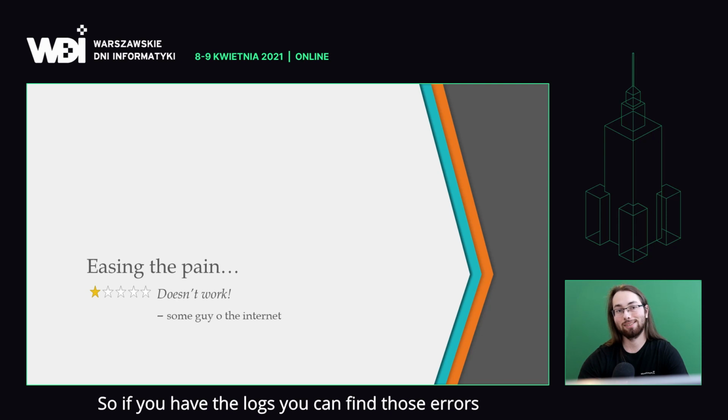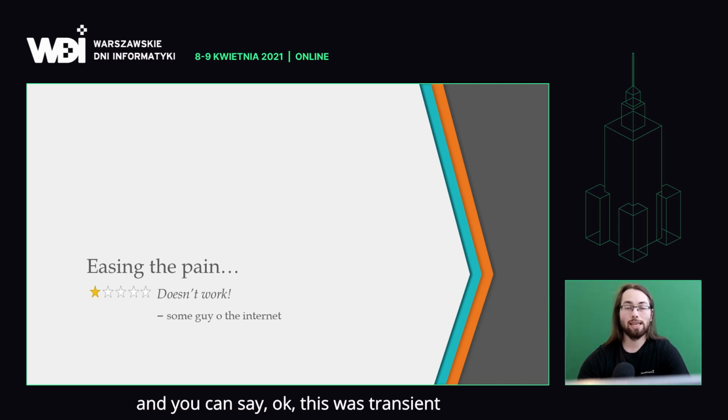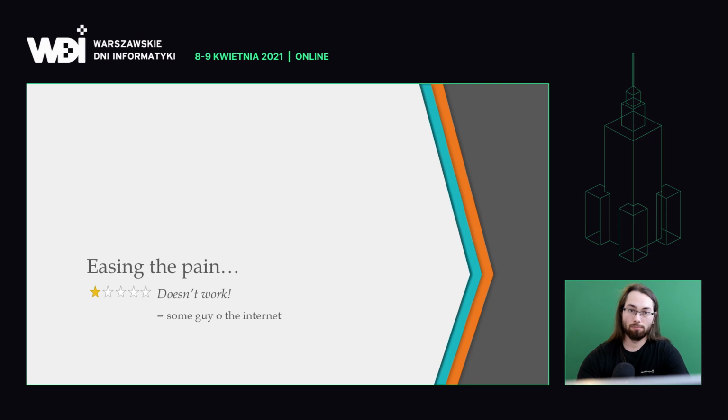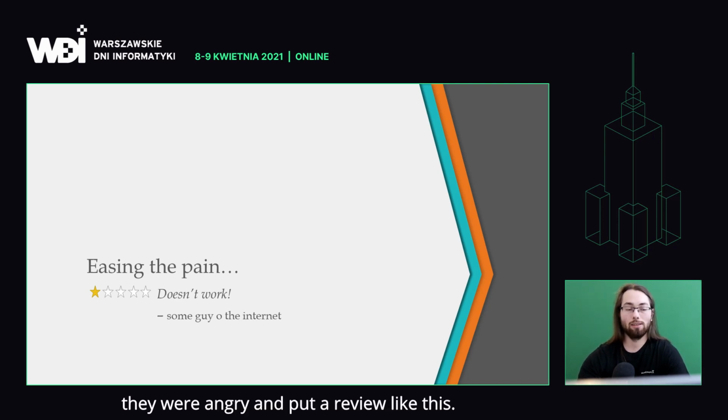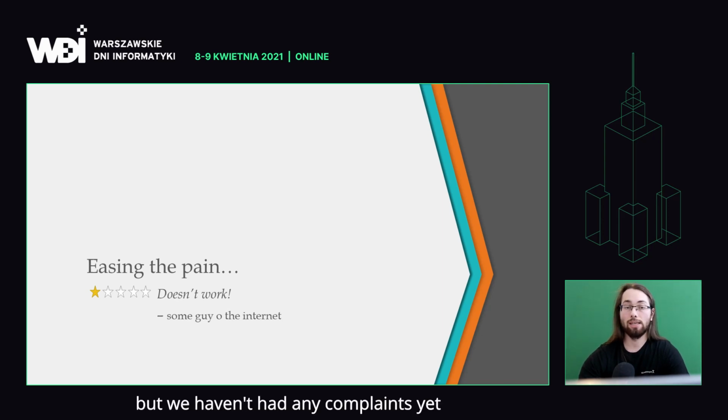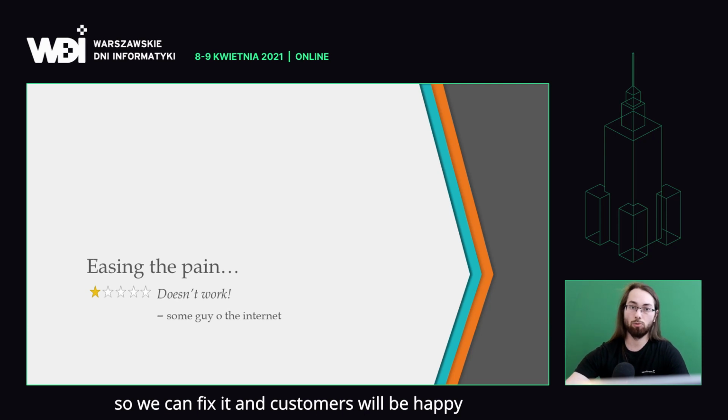So if you have the logs, you can find those errors and you can say, okay, this was transient. The user was unlucky and this one time the database failed. And they didn't retry, so they were angry and put a review like this. Or maybe you just look at the errors and see, okay, there is an issue, but we haven't had any complaints yet, so we can fix it and customers would be happy, and maybe they didn't even know.